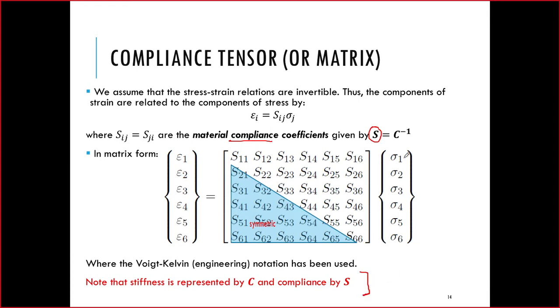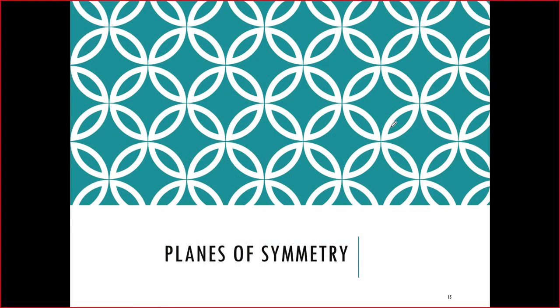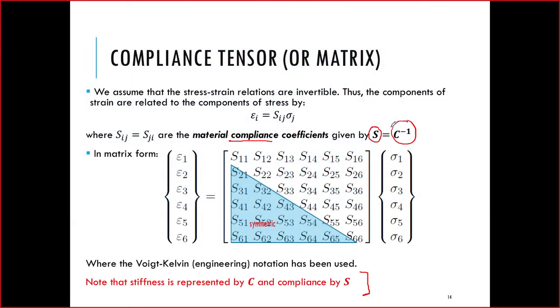And because the stiffness matrix is symmetric, the compliance matrix is also symmetric. Okay, perfect. So moving on. Right, now something even more interesting comes along. So so far we've seen that we have these for a linear elastic material.